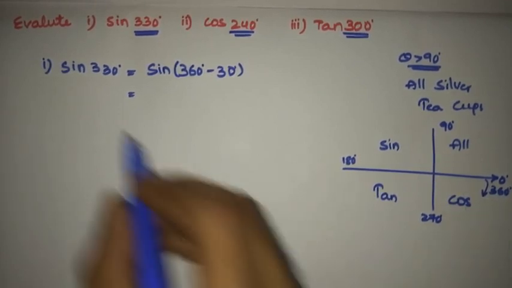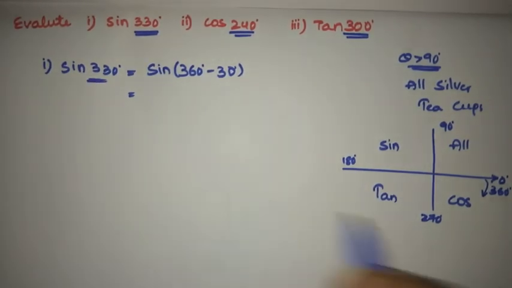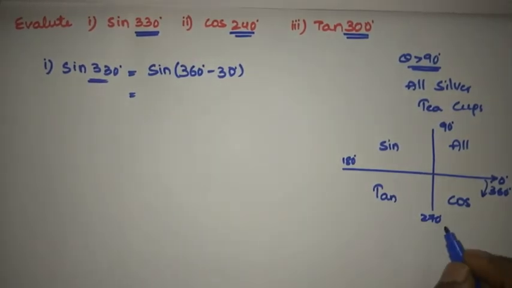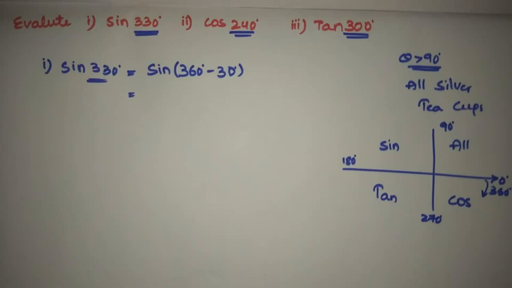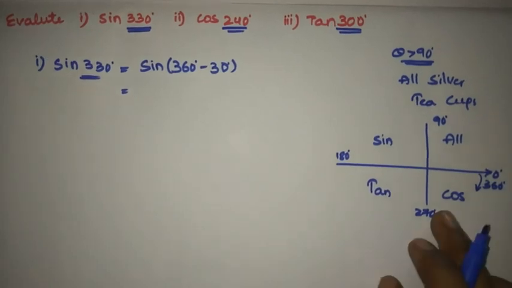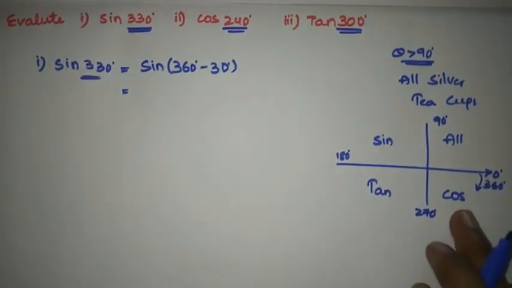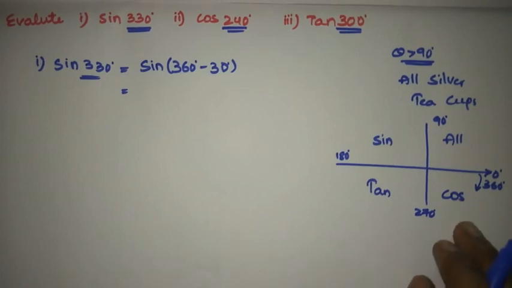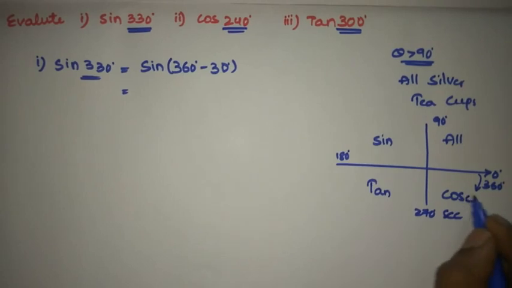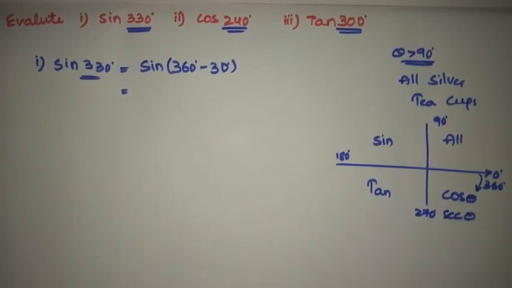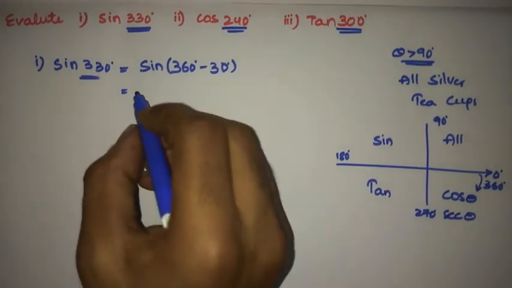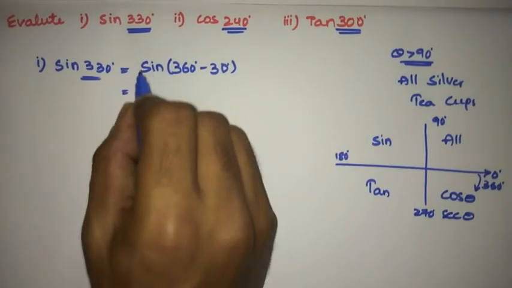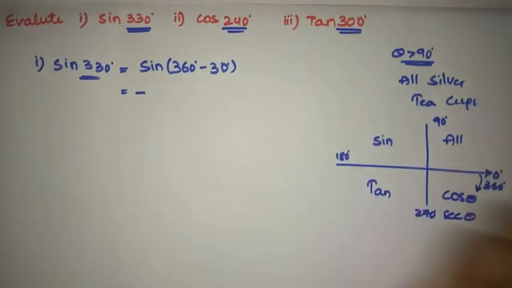You can clearly see 330 is the value which lies between 270 and 360. In quadrant number 4, cos and its reciprocal, secant theta, are positive. Remaining all trigonometric ratios will be negative. Because we have sine here, it will be negative.